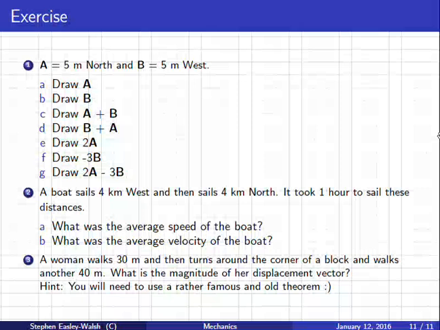Alright, where were we now? Around about.